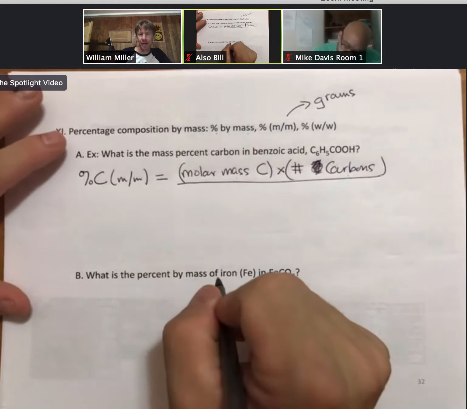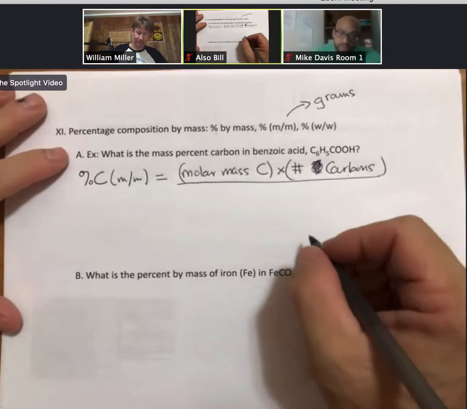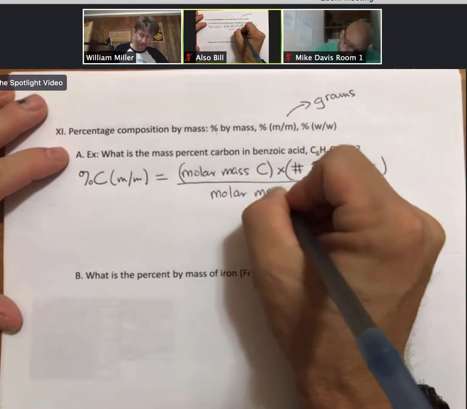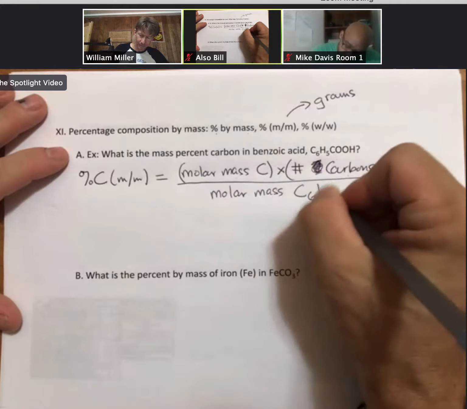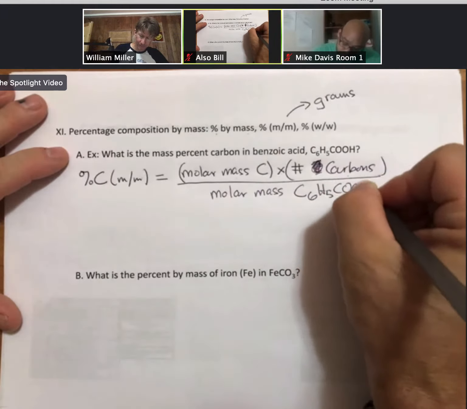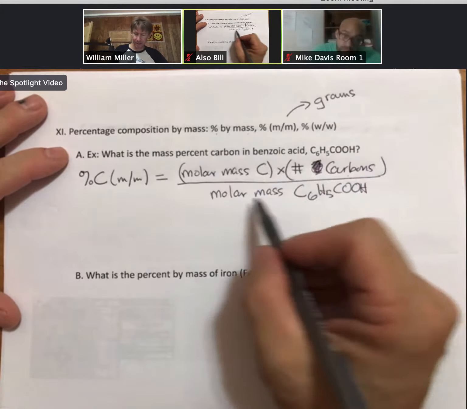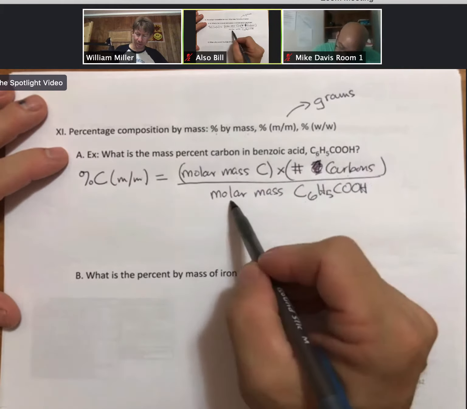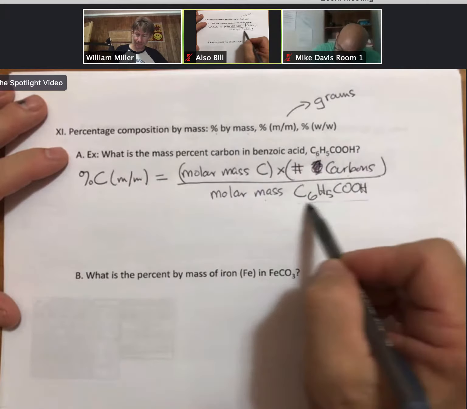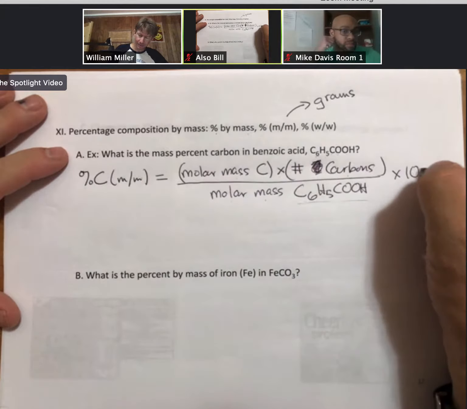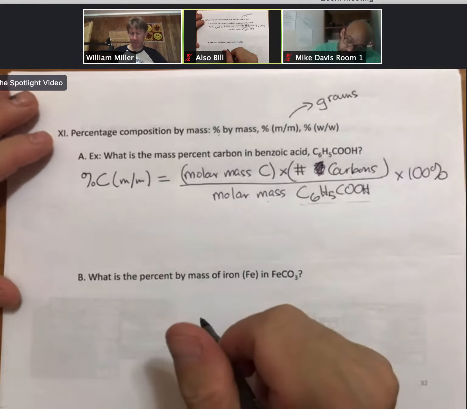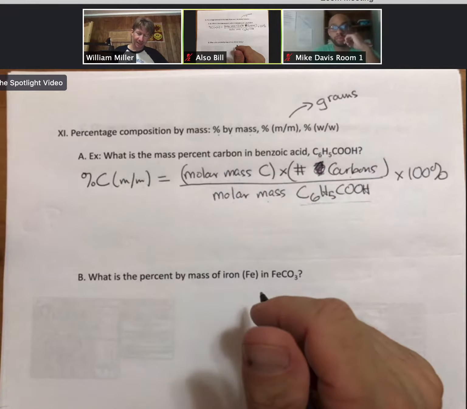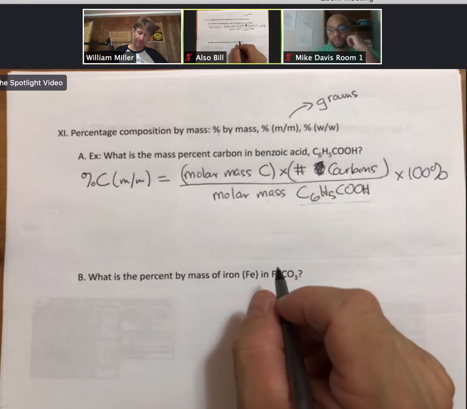And then you're going to divide that by the molar mass of the compound. And the compound is C6H5COOH, so molar mass of the compound, times 100%. That's the formula. Now let's apply it.